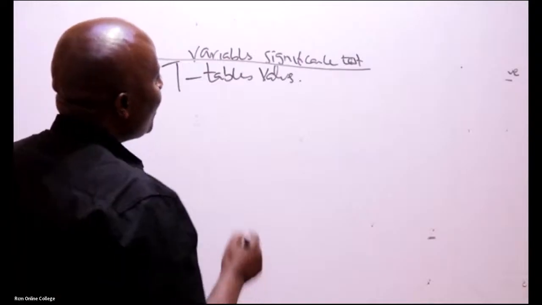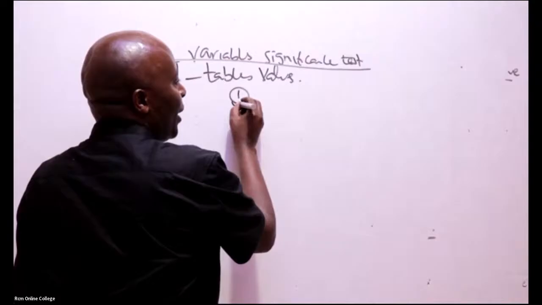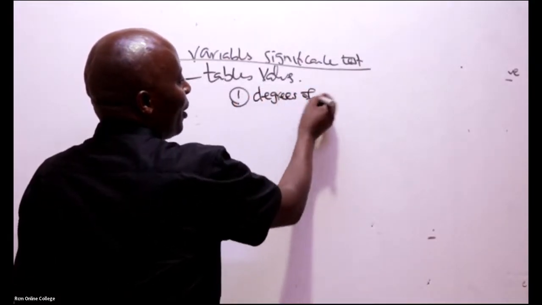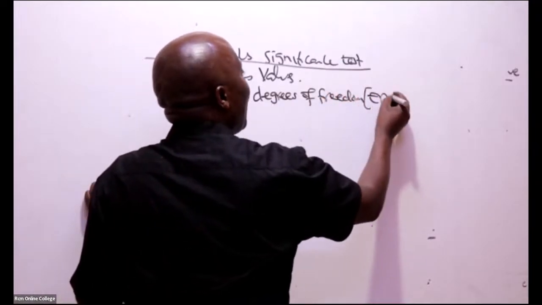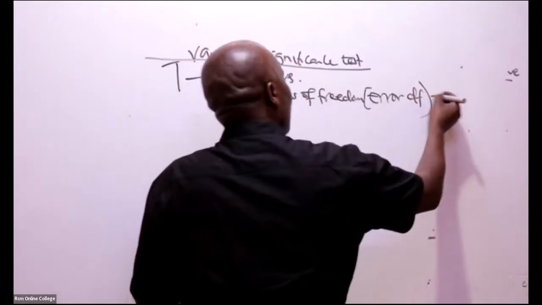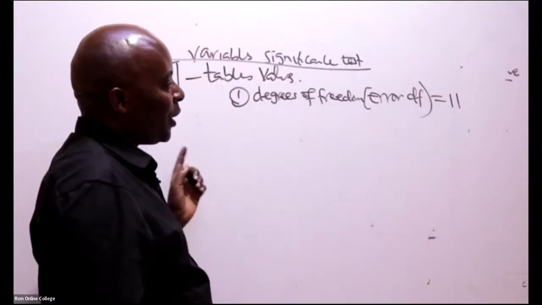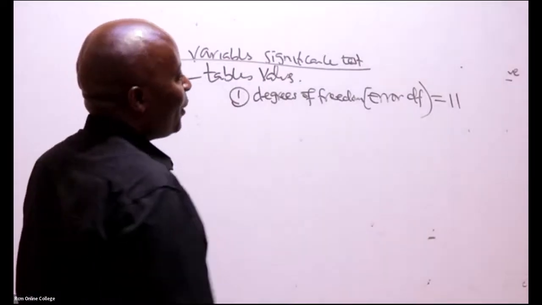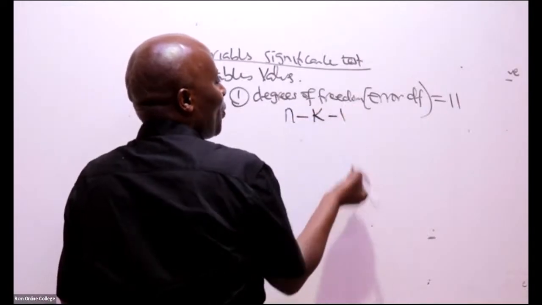For us to be able to read this T tables value, we need, number one, degrees of freedom. These will always be the error degrees of freedom, which you had given to me as 11. Remember, these error degrees of freedom are the ones we got by taking n minus k minus 1.